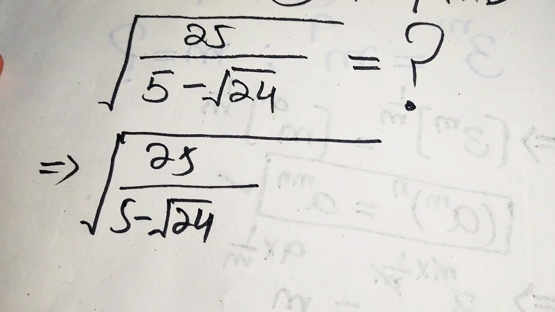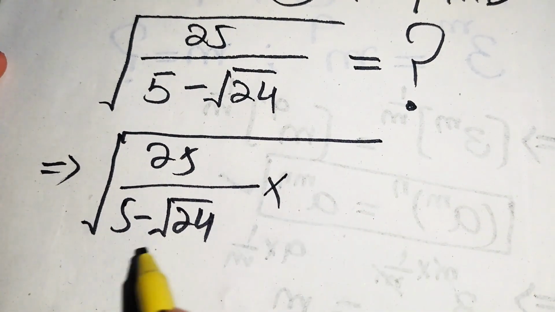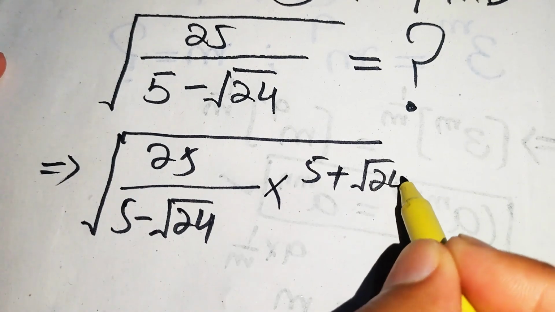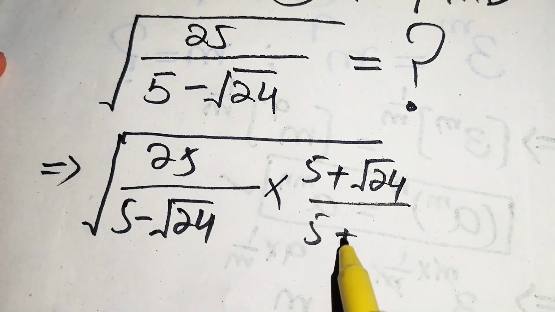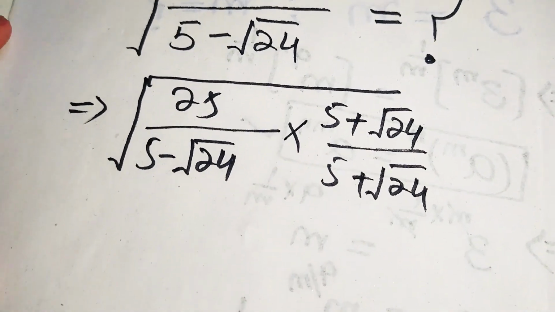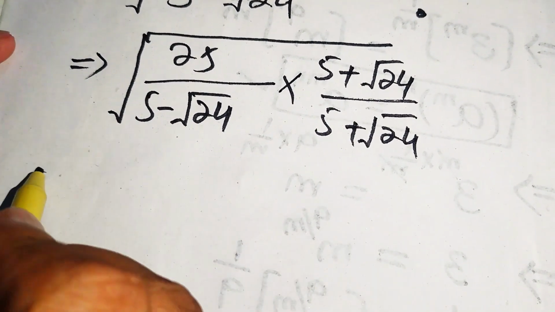Because we rationalize the denominator, it will be written as 5 plus the square root of 24 divided by 5 plus the square root of 24. So here we multiply the terms.